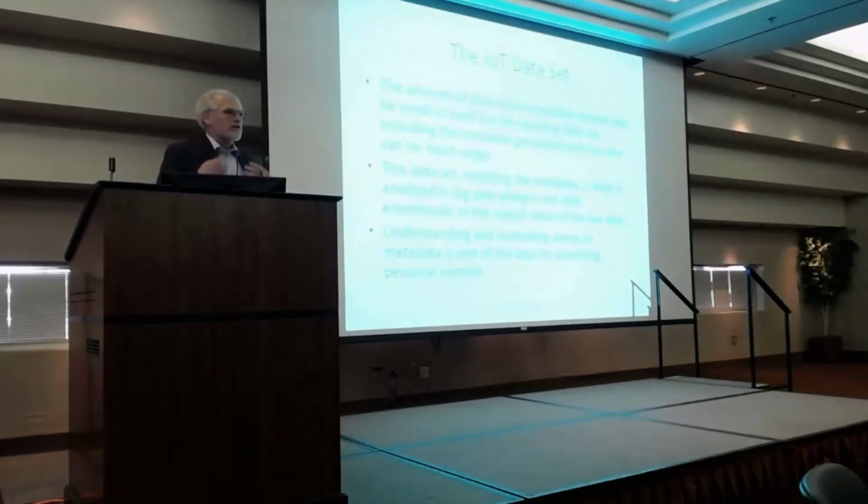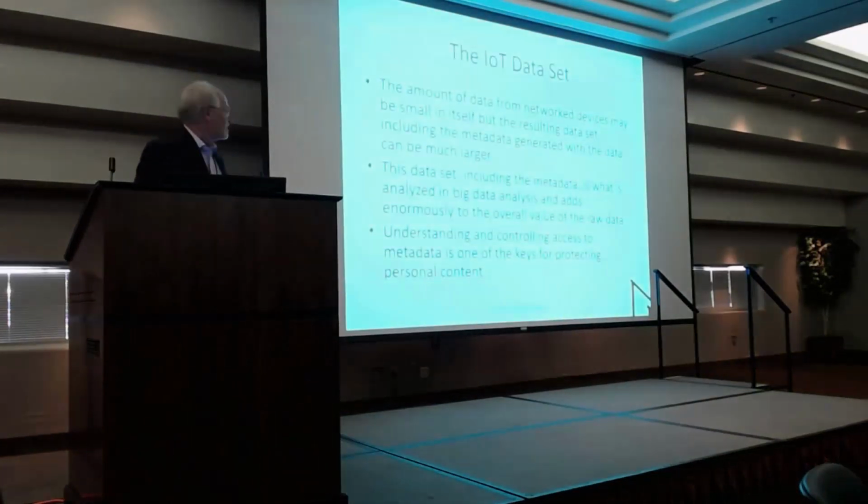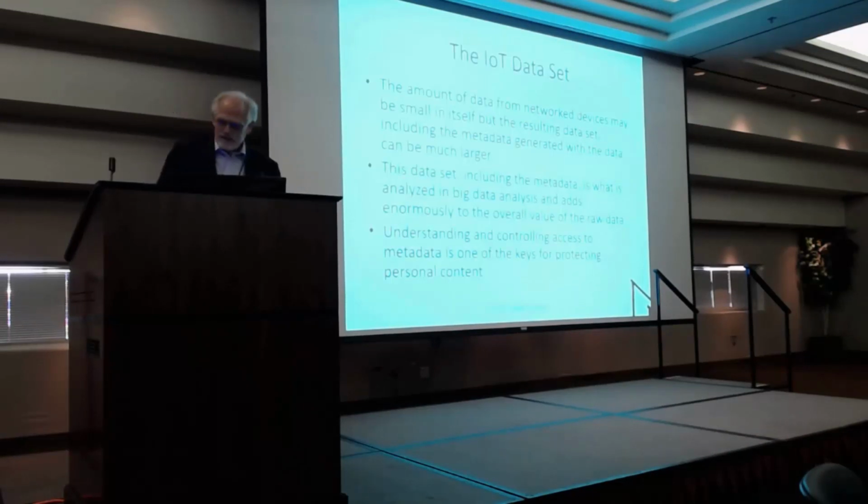And first of all, what does IoT data look like? I've got a network device, it might be a sensor. The data from that device may be small in itself, but what really gives value to the data is what's called the metadata. The whole data set is the data plus the metadata.